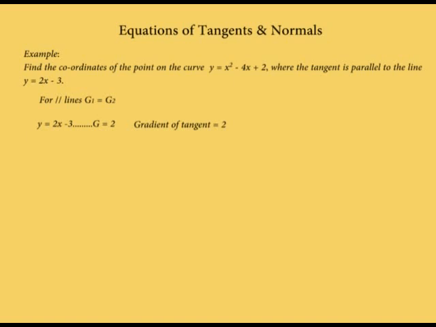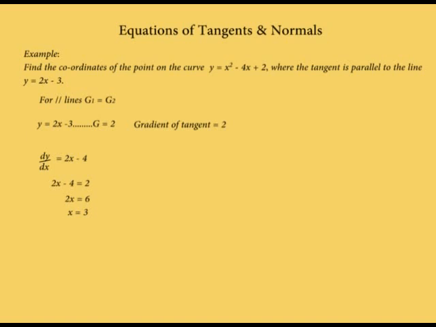Let's start with the x coordinate, and we need the gradient function first. dy over dx for our curve will be 2x minus 4. That is the gradient function, and we know the gradient is 2, so we find the x coordinate at that point. So we have 2x minus 4, we equate to the gradient 2. 2x is equal to 6, x is equal to 3.